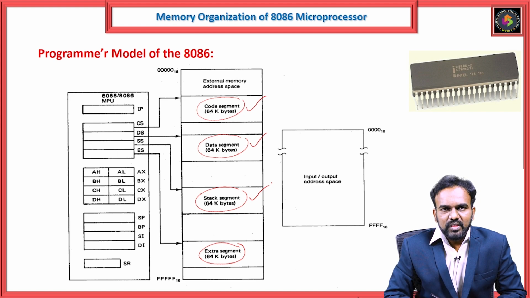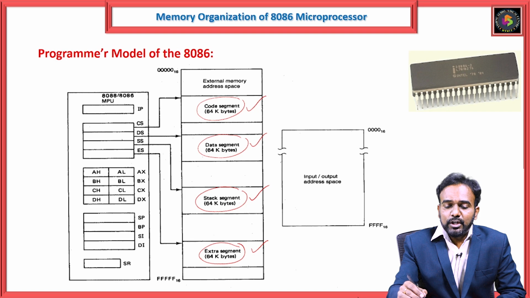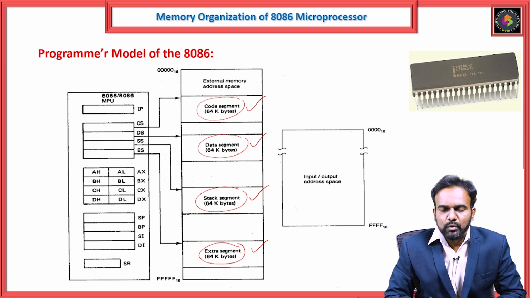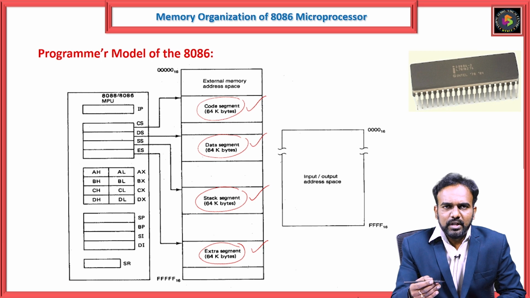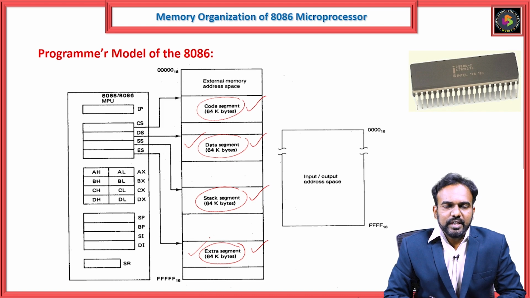Similarly, the extra segment is an extension to the data segment. For source to destination operations, we use the data segment as the source and the extra segment as the destination.